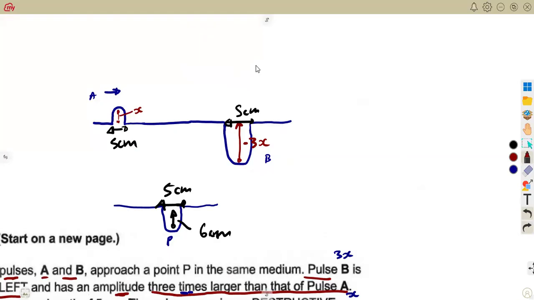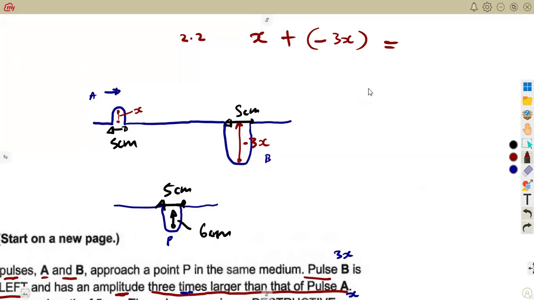So why not use that principle to find x, which is the unknown? This principle allows us to say the amplitude at A plus the amplitude at B, take note it's in the negative region, so it will be minus, must be equal to the resultant, the sum.